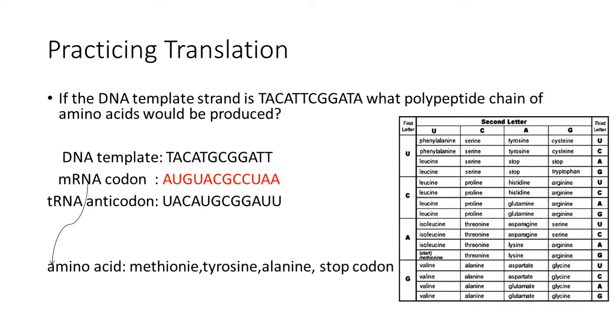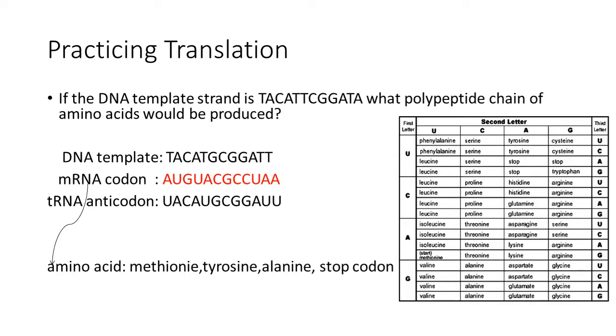DNA here, TAC ATG CGG ATT, will be converted into mRNA, and you have to follow the base pairing rule. A pairs with U and C pairs with G when you are making mRNA or tRNA, any RNA.